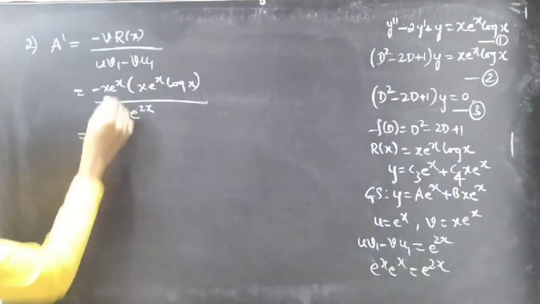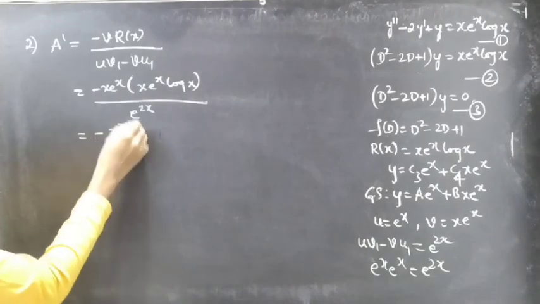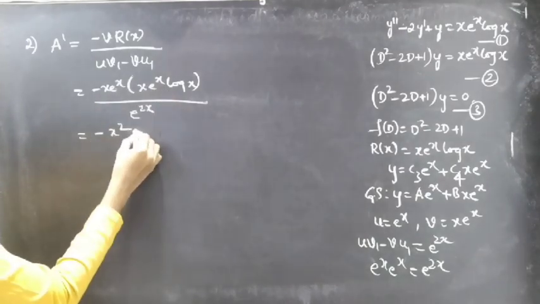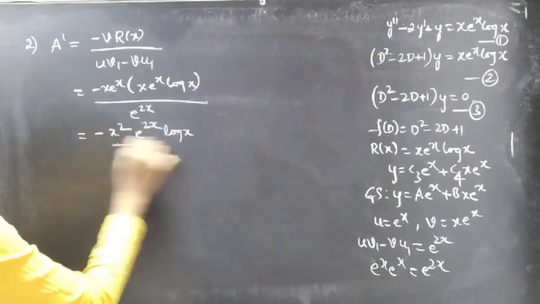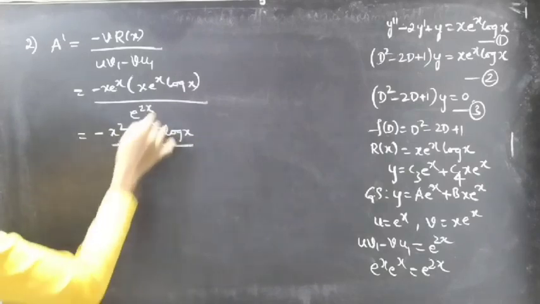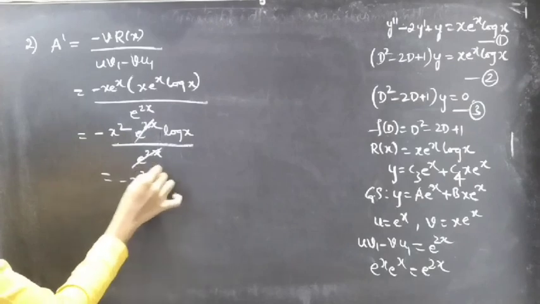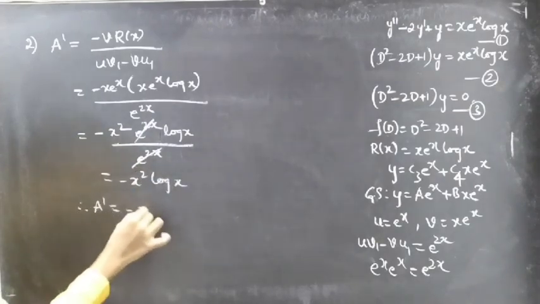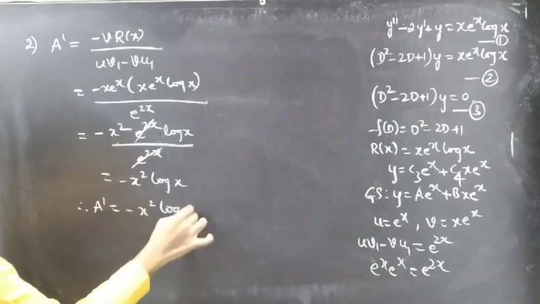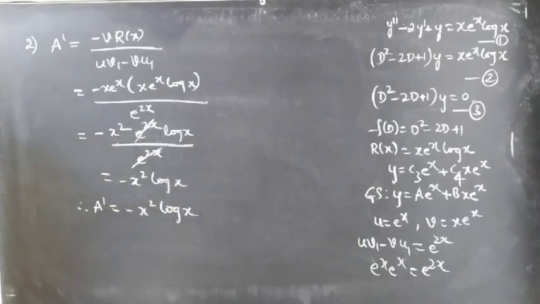You can write this as minus x into x is x square, e power x into e power x is e power 2x, log x by e power 2x. Here e power 2x gets cancelled. This is equal to minus x square log x. Therefore a dash equals minus x square log x, right?